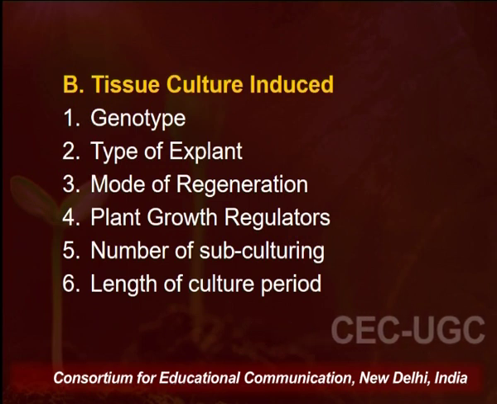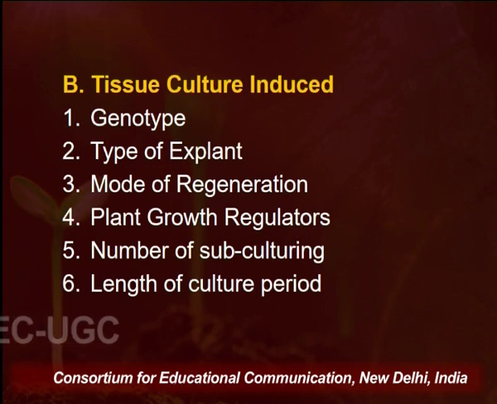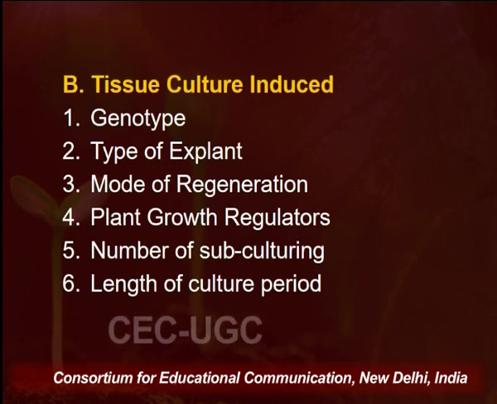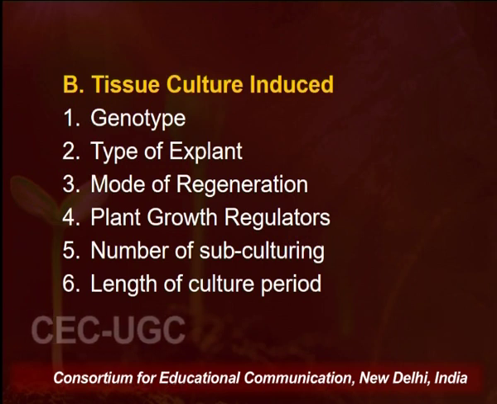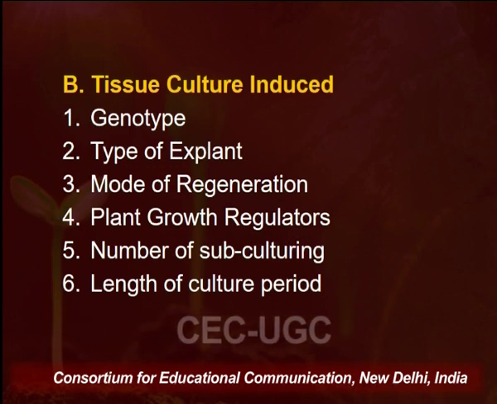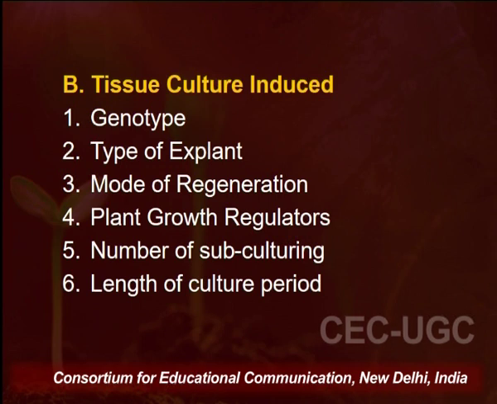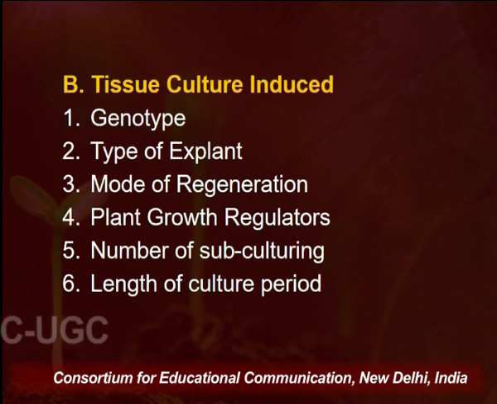Then the mode of regeneration, how you are regenerating the plant using either callus or suspension culture, also leads to the generation of somaclonal variations. Then plant growth regulators: not only the type of growth regulator but also the concentration and the combination of different plant growth regulators may also lead to somaclonal variations.